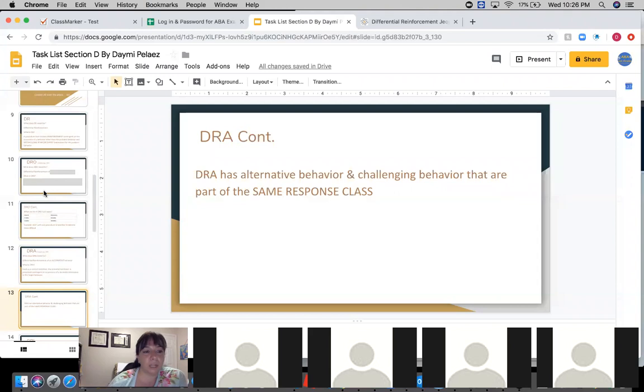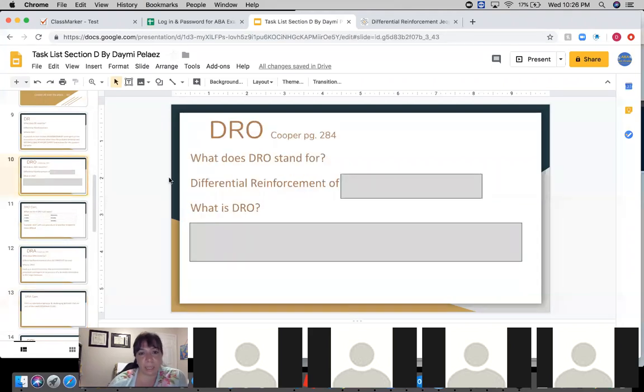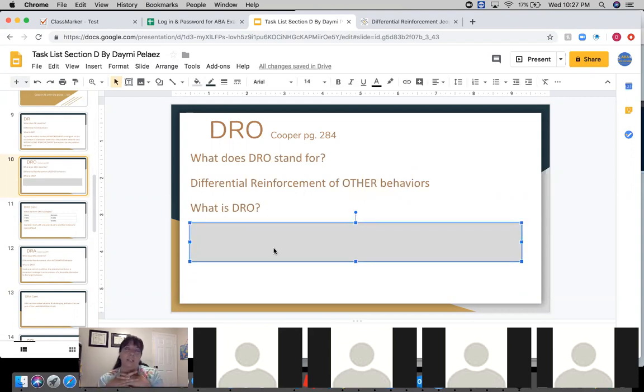Okay, let's go back to DRO because I just noticed that I skipped that slide. What does DRO stand for? Differential reinforcement for other behavior. Perfect, other behaviors. And then in your own words, because this definition gets very technical, I would rather you guys just tell me in your own words what it is.